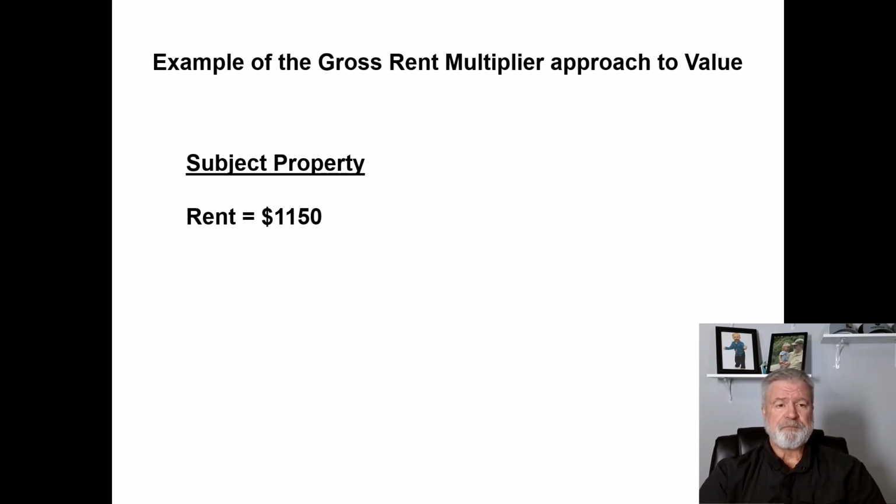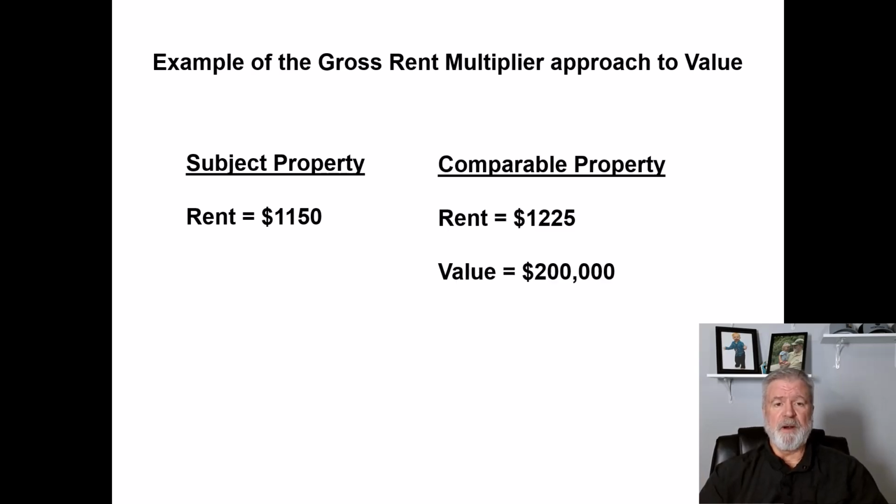So anyway, how do I figure out the gross rent multiplier? Well, again, very similar to sales comparison. I have to find a similar or comparable property, obviously an income producing property or rental property, that has recently sold. And let's say I find a comparable property. And again, once they're closed, this information is public knowledge now.